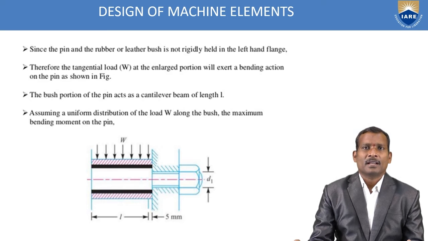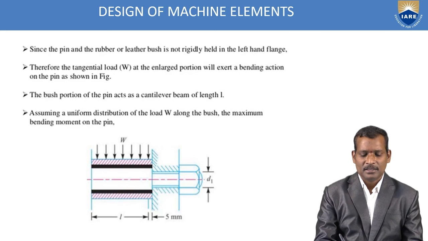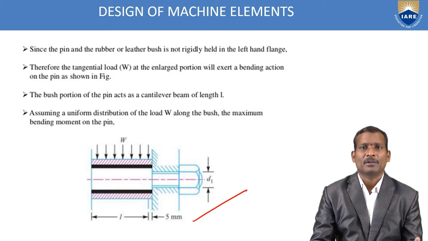Since the pin and the rubber or leather bush is not rigidly held in the left-hand flange, therefore what will happen? The tangential load at the enlarged portion will exert a bending action on the pin, as shown in the figure. Here is shown the bearing load acting on the pin.